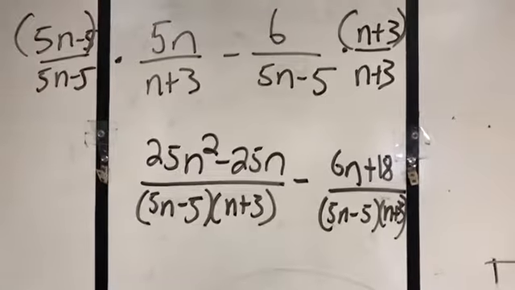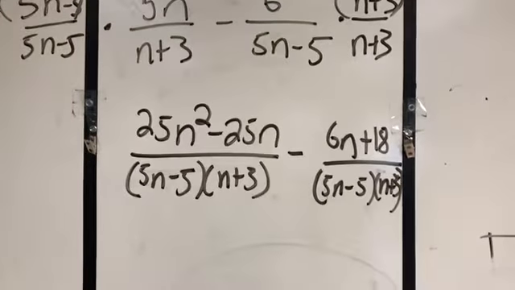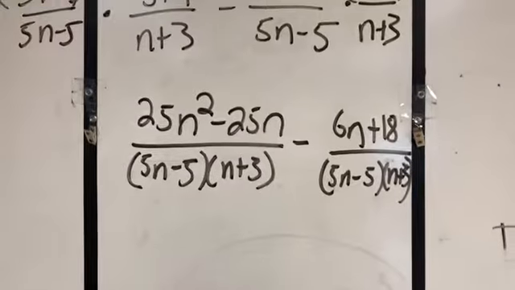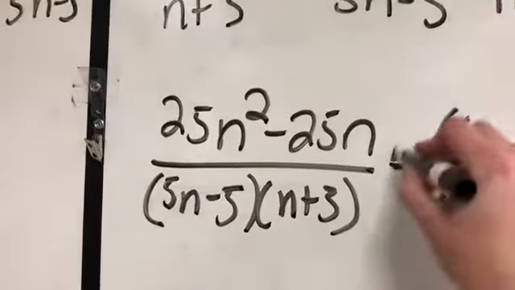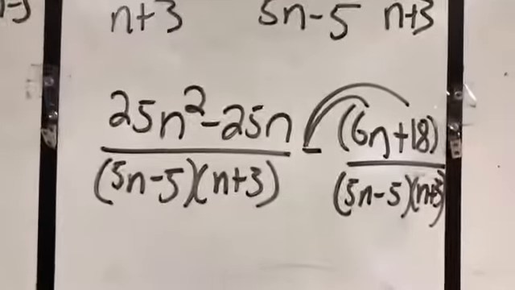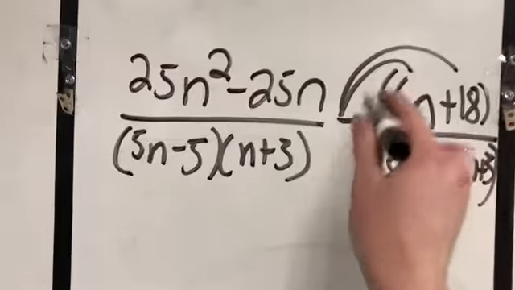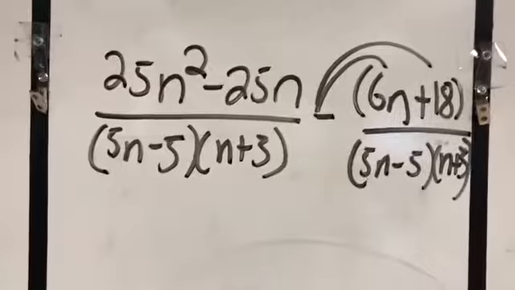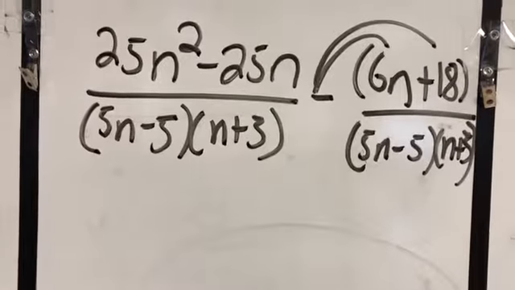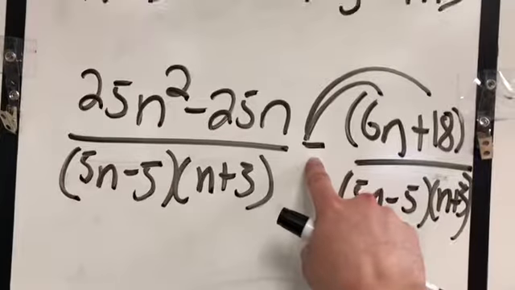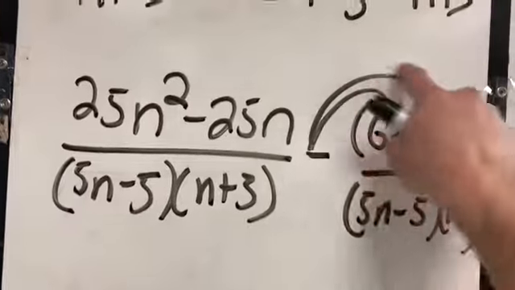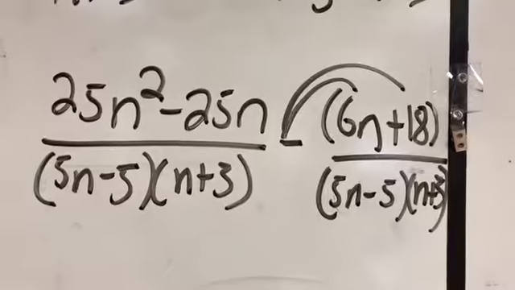Okay. Now, subtraction does get a little more complicated because we do need to combine our like terms right now, but this subtraction technically also needs to be distributed before we continue, and that will be your most common mistake. The adding example before will be a little bit easier for you. You have to remember when we're subtracting, that subtraction must be distributed to every item, every term, in the following fraction.